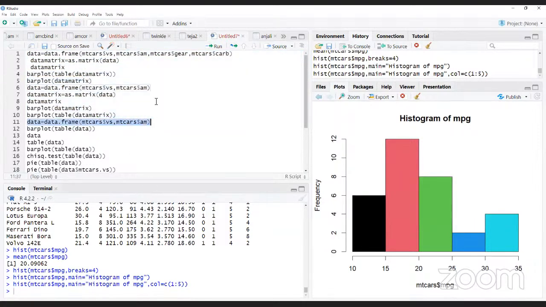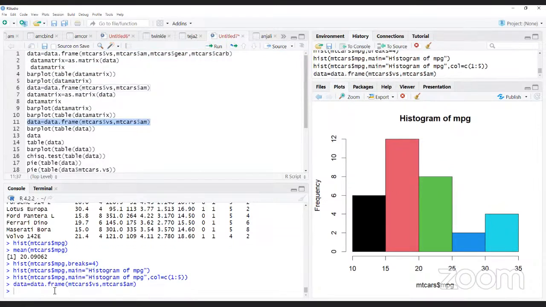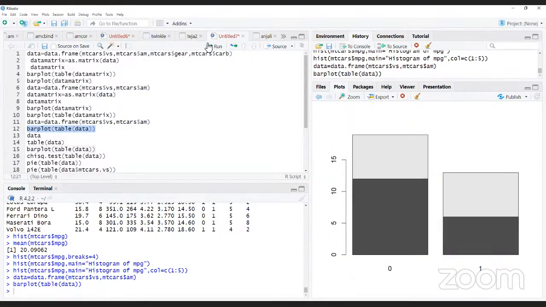Line number 11, enter. Yeah, then you write down 12. Done. So this is called the stacked bar chart.